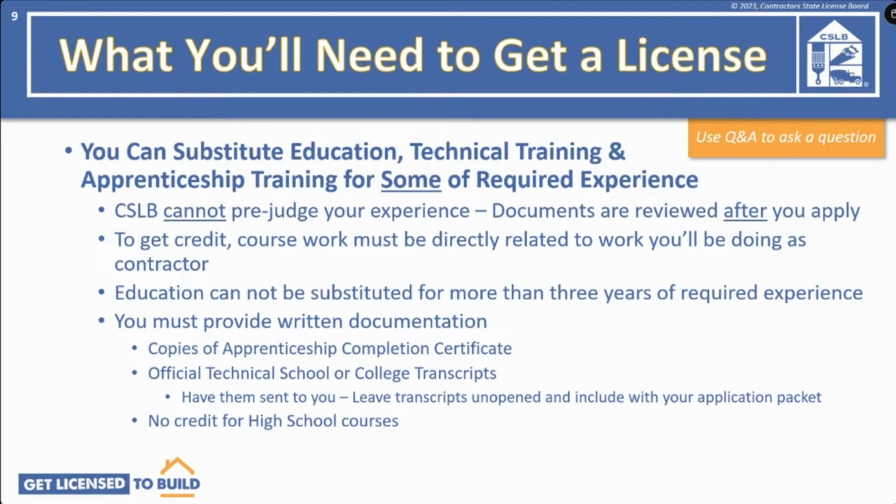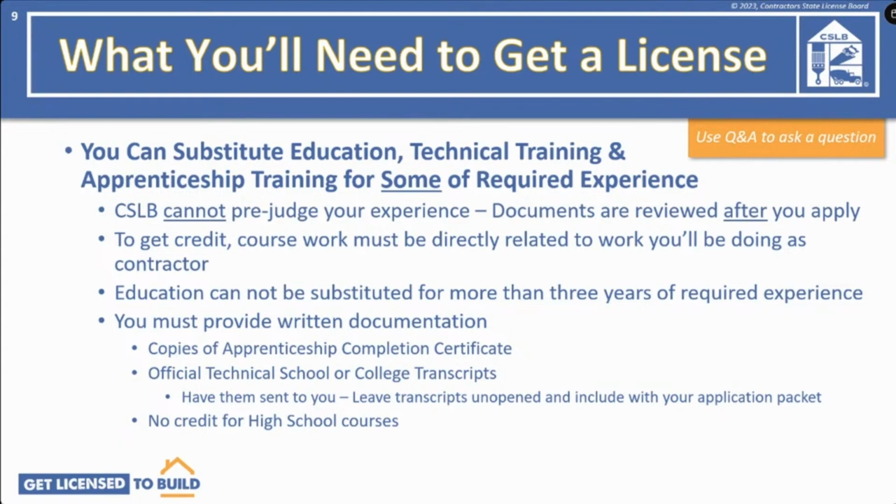To apply for education credit, you must provide CSLB with written documentation. That means a copy of any apprenticeship completion certificates you earned, or official technical school or college transcripts. Have your transcripts mailed to you. Do not open the envelope. Leave it sealed and include it with your CSLB application packet.